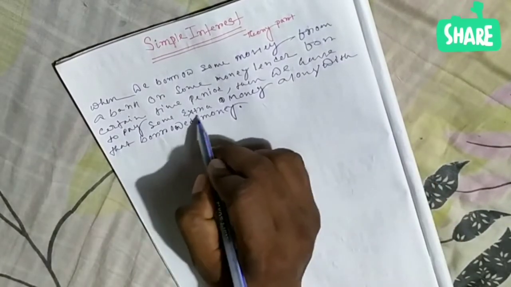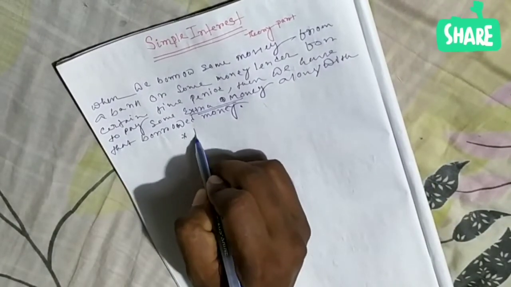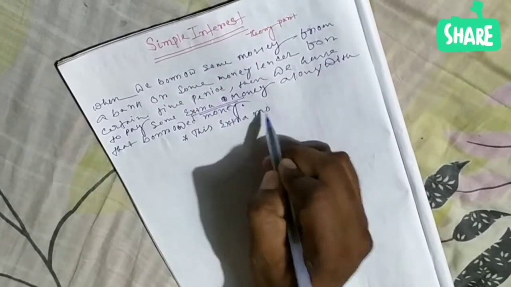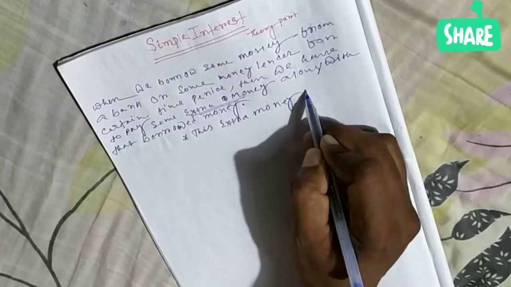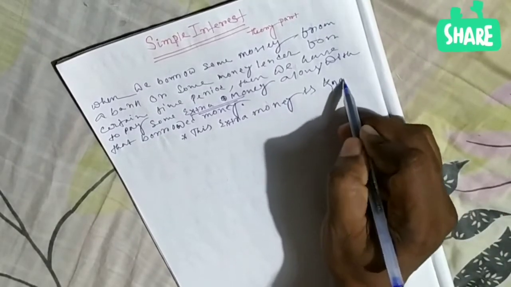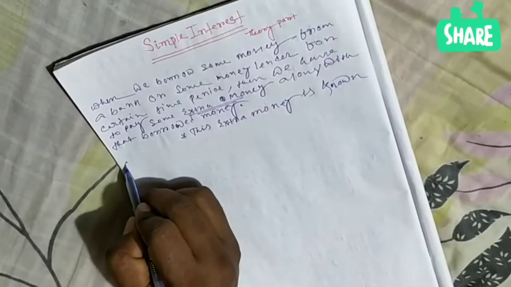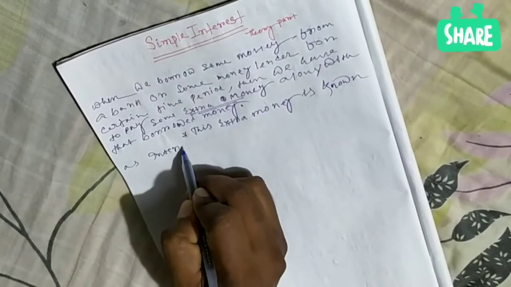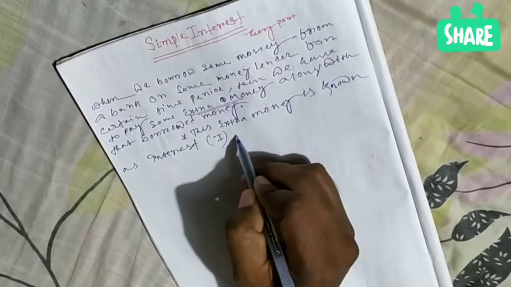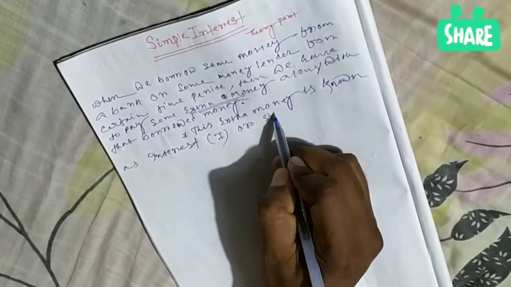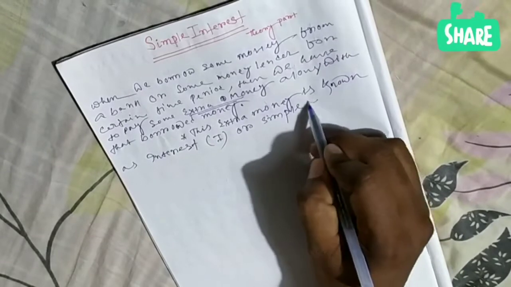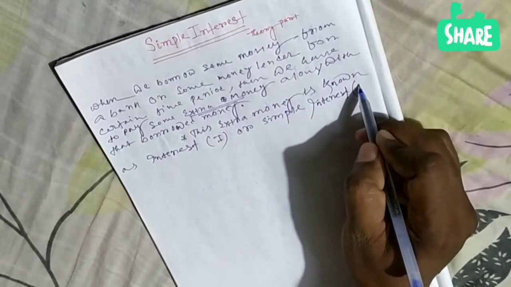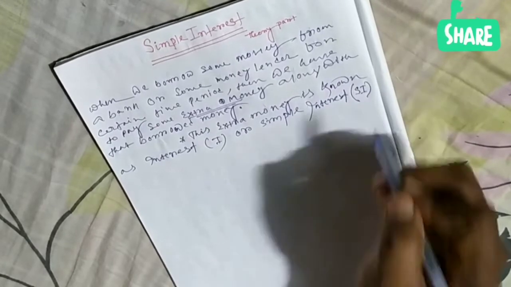This extra money is known as interest or simple interest, which we denote as SI, simple interest.